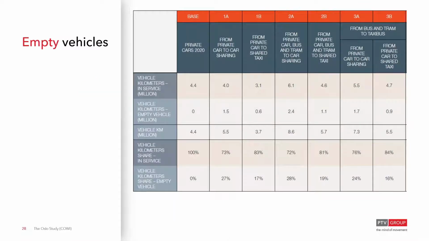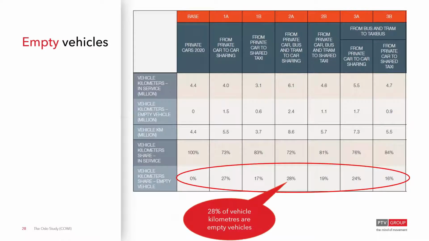I mentioned empty vehicles earlier on, empty vehicles running around. We've got some here. In scenario 2A, 28% of the vehicle kilometers traveled were the vehicle being empty. Even in our best case, we still had 17%.